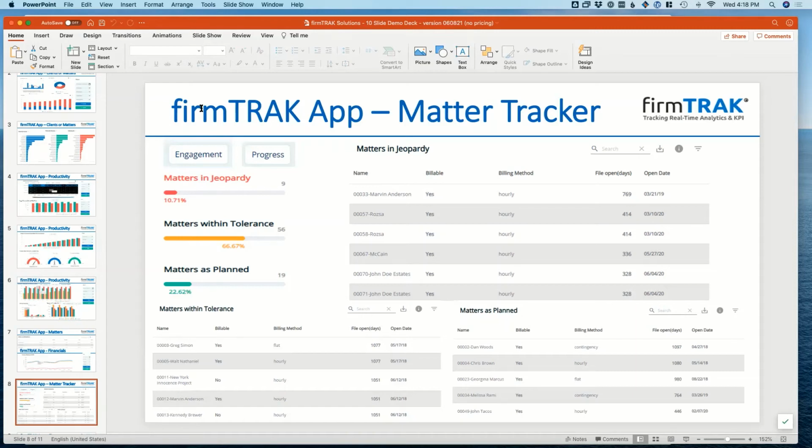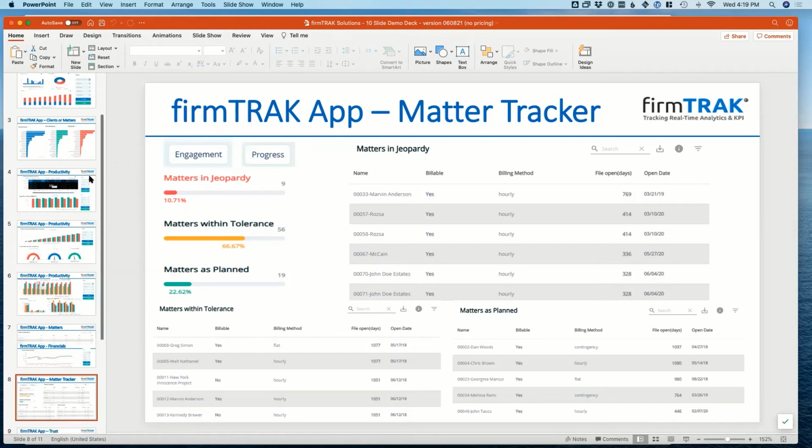Matters in jeopardy are at best a 1-star Google review, and at worst, these are malpractice claims because clients feel that they are being ignored, and in some instances, they could be ignored to the point of running past statute of limitations or other significant dates. This is a real-time updated system that can provide immediate feedback to help you move your matters consistently and on time.